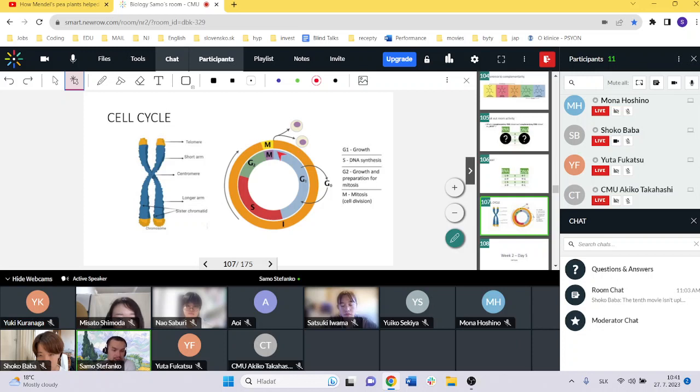As we see, the comparison of time between interphase and M phase is hugely in favor of interphase. So most of the time during the cell cycle, the cell is in interphase, preparing: synthesizing new DNA, growing and duplicating the organelles and the substances, proteins, enzymes, everything that is essential for the upcoming cell division.